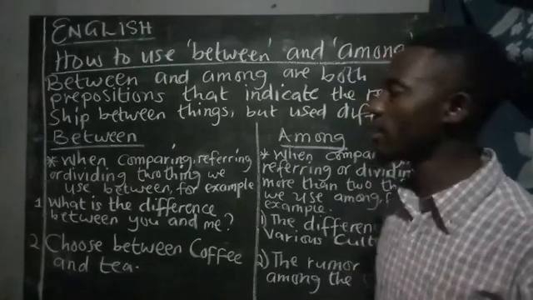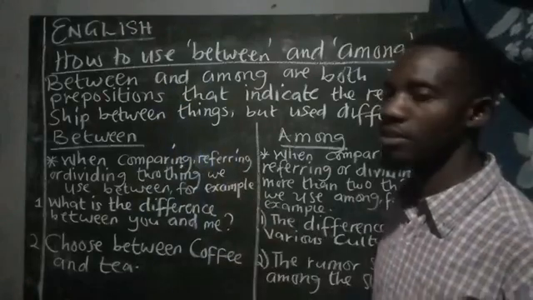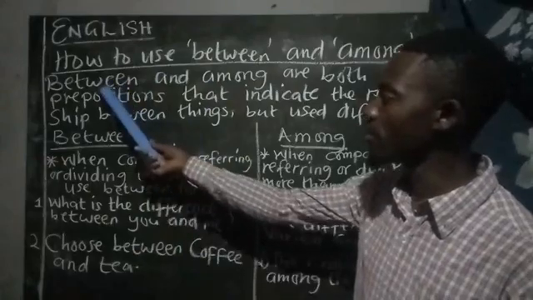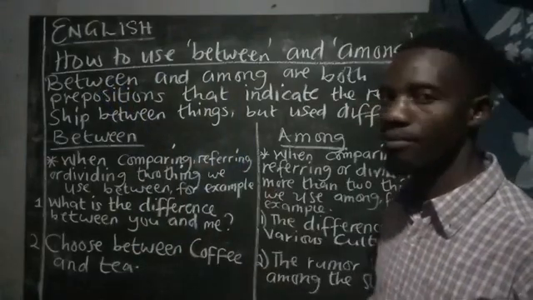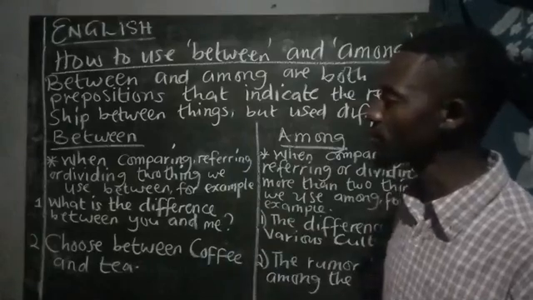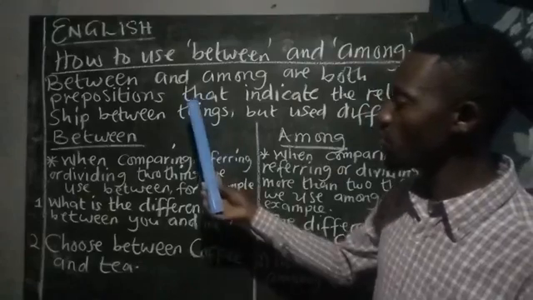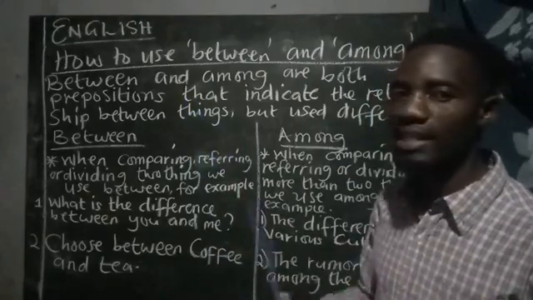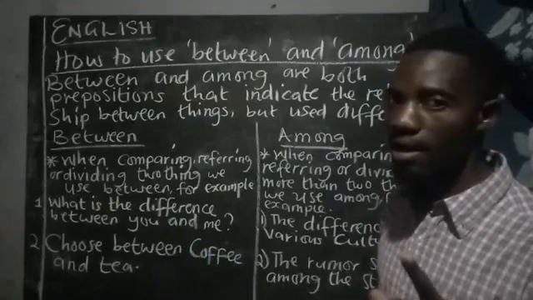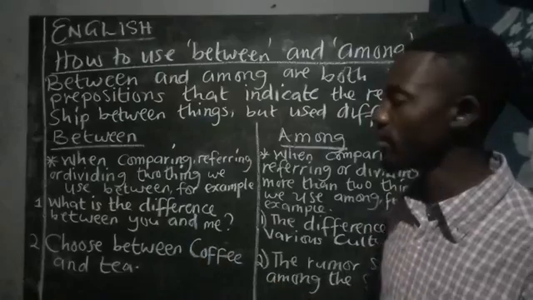So now we are looking at another part which is called prepositions. Our prepositions for this lesson will look at the word between and the word among. How do we use these words in different statements? Both words are used to indicate the relationship between things. But remember, they are used differently.